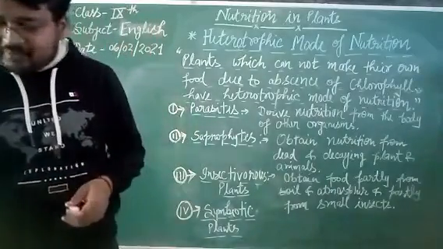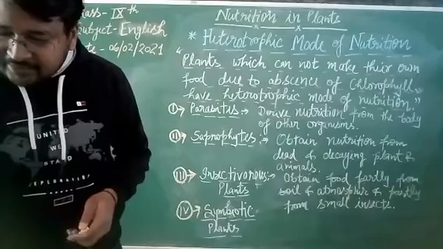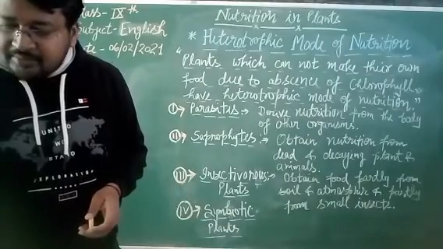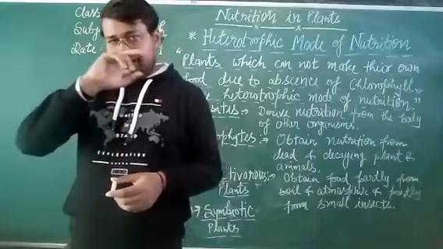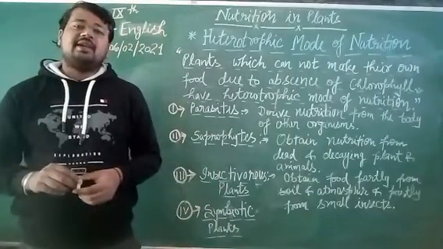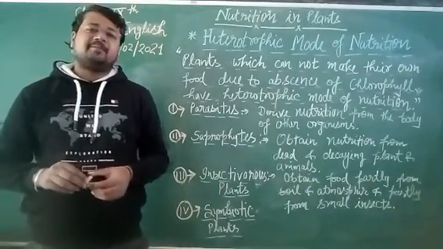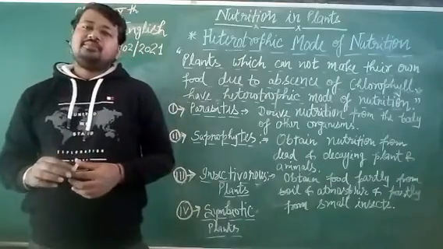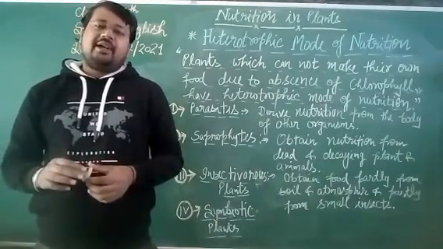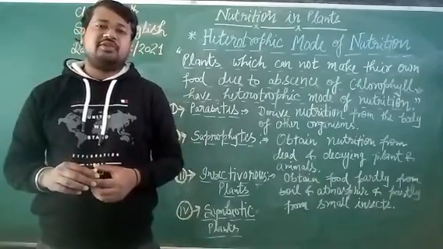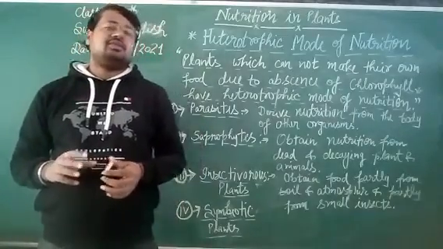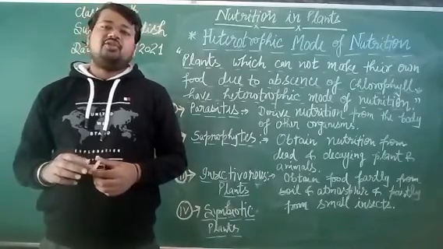So we will see, as it is mentioned in your book, that they are partial and total parasites. We need to understand the mechanism of how partial parasites are dependent on others. There are some parasitic plants that need only shelter. They are able to make their own food due to the presence of chlorophyll, but only want the shelter of strong trees.